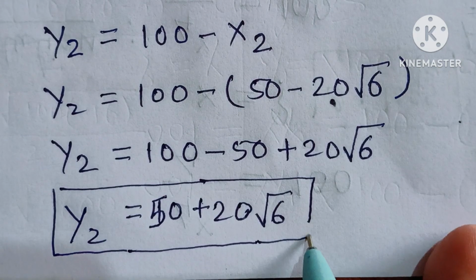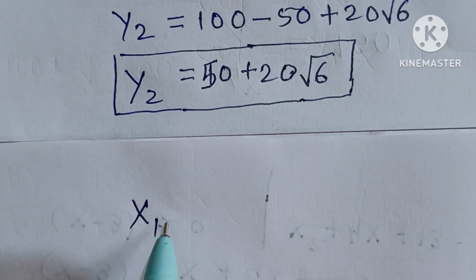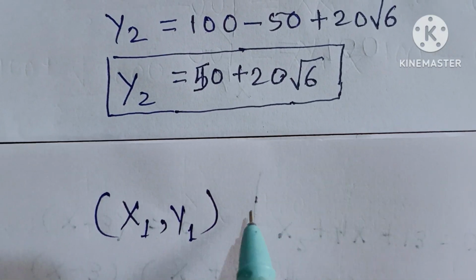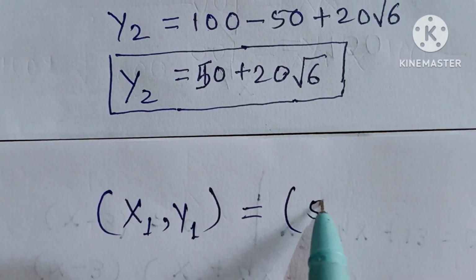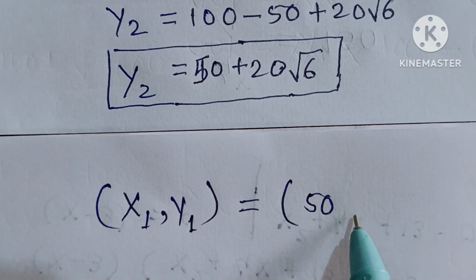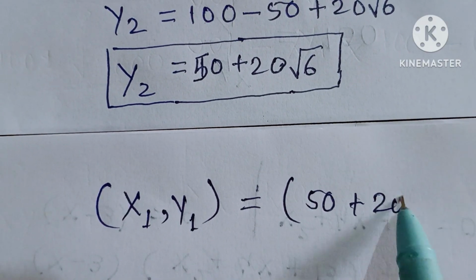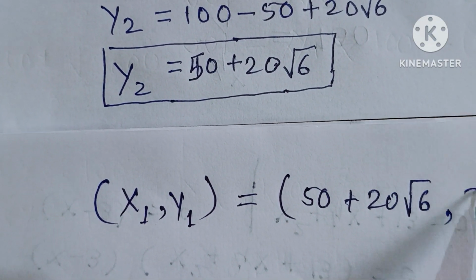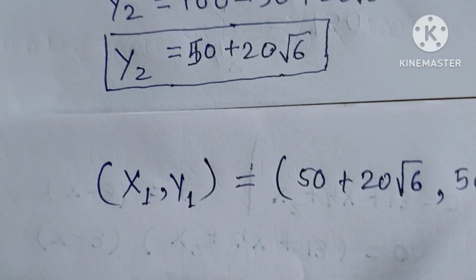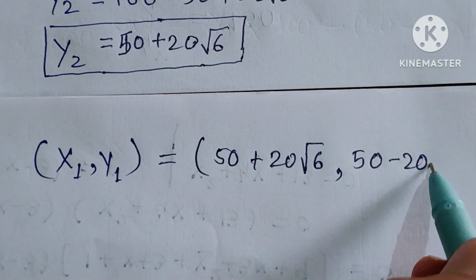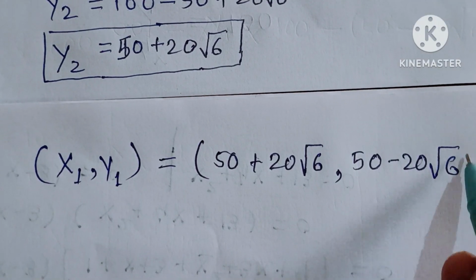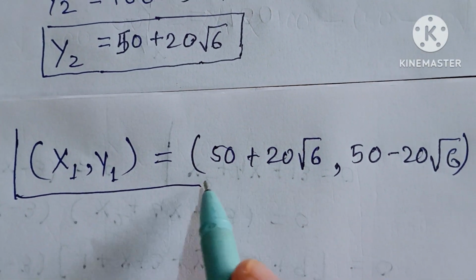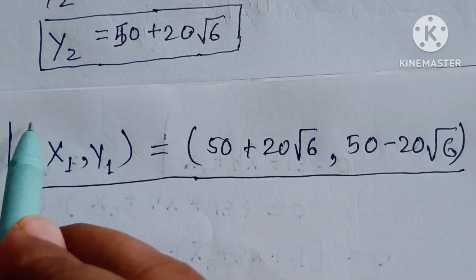So we know that the value of x1, y1 equal to, in bracket, 50 plus 20 under root 6, and value of y1 is 50 minus 20 under root 6. This is the value of x1 and y1.